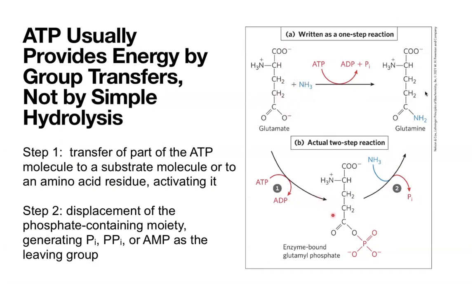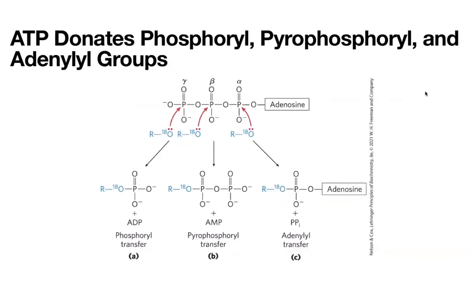But if instead we take the energy and transfer a phosphate group from ATP onto here, now we're making a site that is easier to displace, because if we displace this phosphate group, we've got this resonance-stabilized thing and all is happy. So ATP can donate phosphoryl groups.